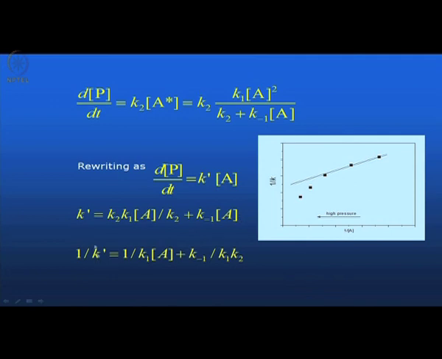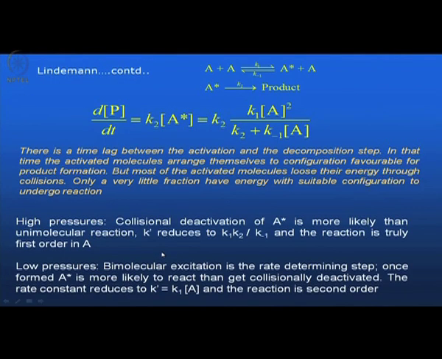If you invert it, that is if you take 1 by K prime, then this will be 1 by K1 A, because K2 gets cancelled, and K minus 1 by K1 K2. So this is a constant quantity, and this is just a 1 by A dependence. There are several examples.